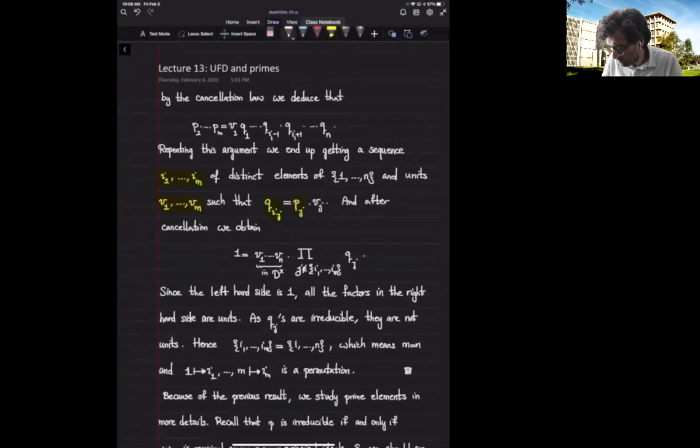So essentially, we are repeating this argument that we had earlier for each one of these indices. So we plug into the equation that we have, and then we cancel them out.